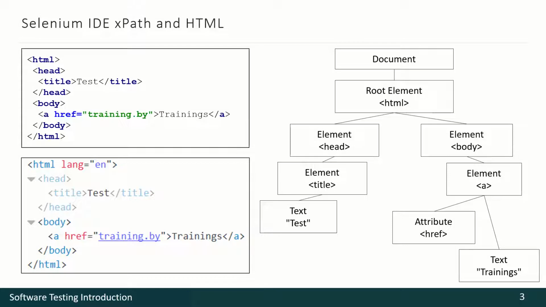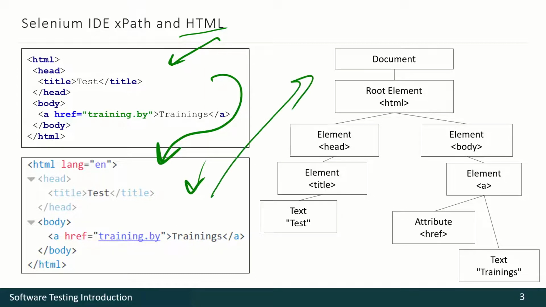Here's the idea. Here we have some simple HTML document, and here is how it looks after browser processing. The browser not only processes this, but it creates inside the memory the document object model. That's a kind of specific tree.